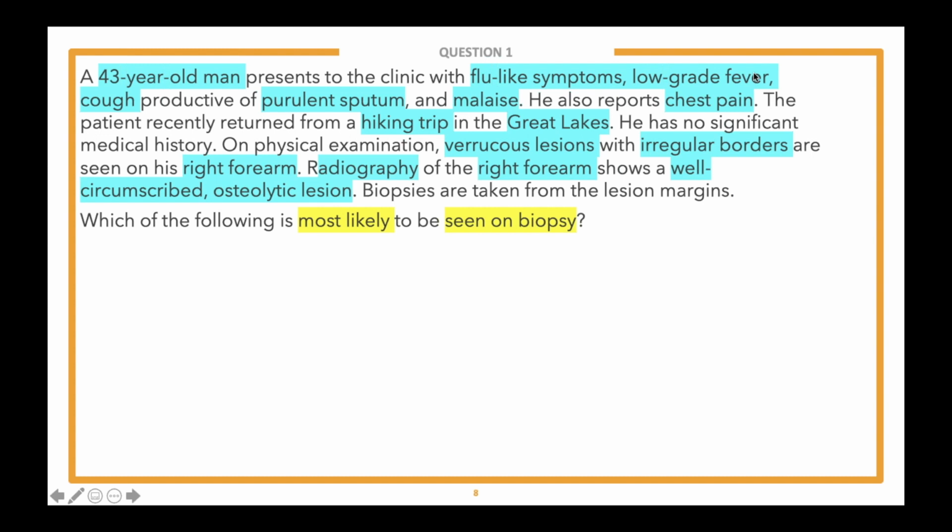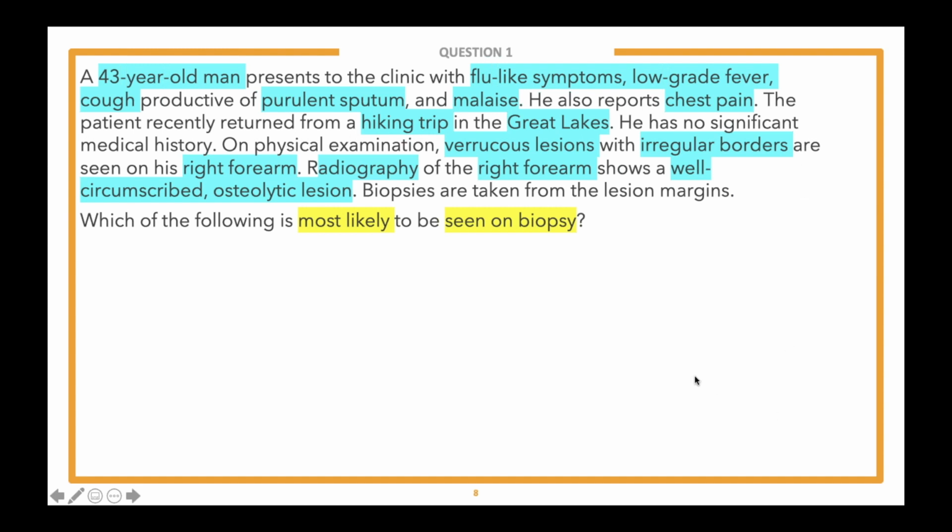Anytime you have purulent sputum or sputum in general, always make note of what type of sputum it is and what other symptoms they have. They give us some nice social history. This patient went on a hiking trip in the Great Lakes. Why are they telling us that? And then physical exam. We actually have some nice dermatologic correlates there, which we'll talk about. And we are given the luxury of having some imaging findings as well. All of which is going to be important in this question.